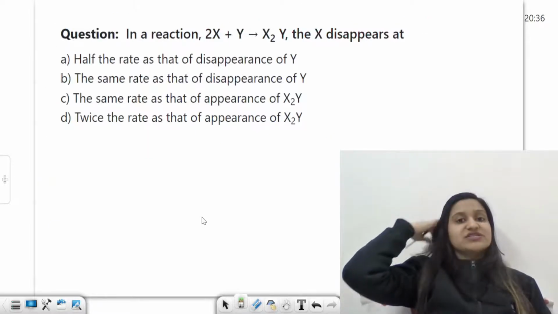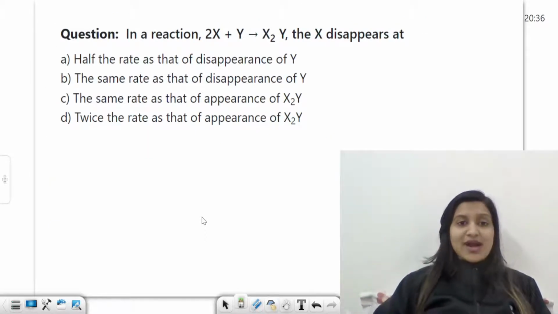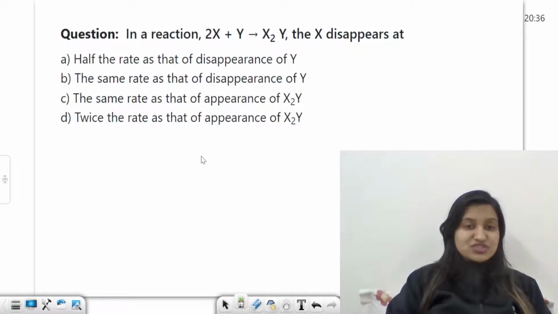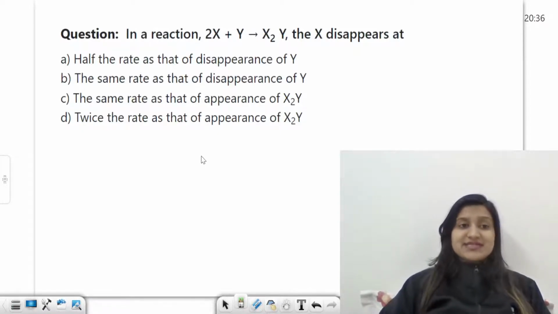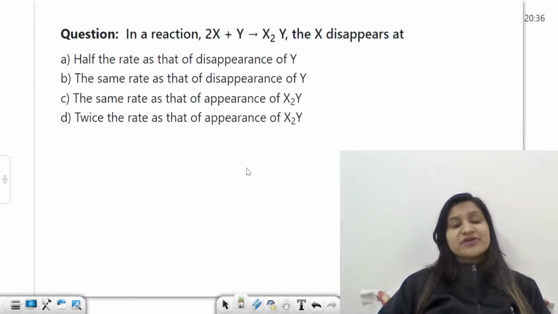In a reaction, 2X plus Y gives us X2Y. The X disappears at half the rate that of disappearance of Y, the same rate as that of disappearance of Y, the same rate as that of appearance of X2Y, twice the rate as that of appearance of X2Y.